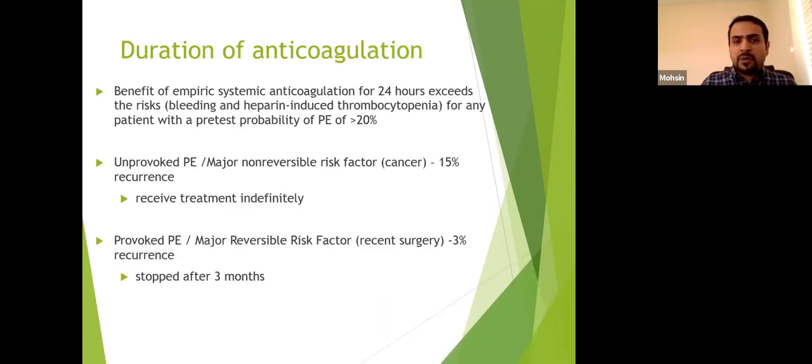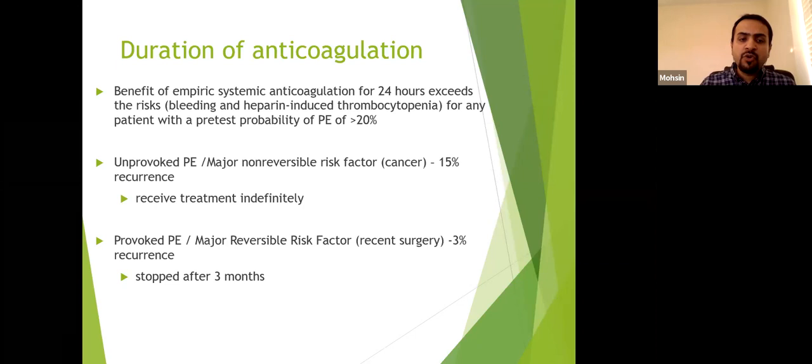As for the duration of anticoagulation, it's better to start them within the 24 hours. The risk of having a major bleed is still very low. So you can start the treatment if you think the patient is high risk for having a PE. If it's an unprovoked PE, which basically means that you don't have any underlying cause, they could not find any underlying reason for it, it just happened without any reason, then the chance of getting a recurrent PE is 15%, and you should be giving them treatment indefinitely with anticoagulants.